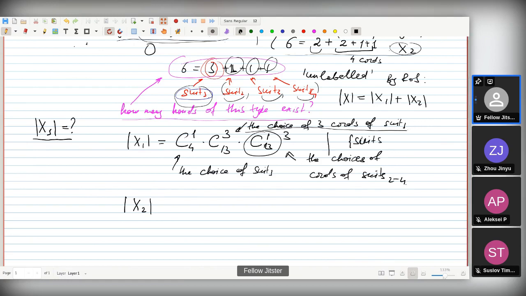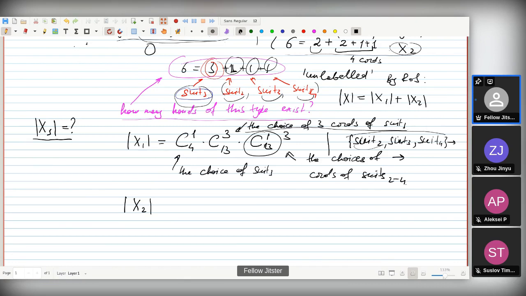This function maps suit 2, which is already known, or better, suit 2 is known. I see your question. Your question is, why don't we want to choose suit 2? It is not necessary. We know this whole set. It is not important what is first, what is second, what is last here.